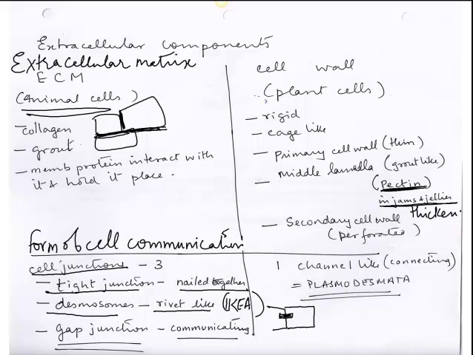And then you have something known as gap junctions, which is like a channel, communicating channel between cells. On the other hand, plant cells have only one kind of cell junction, which is channel-like, and it's called plasmodesmata.